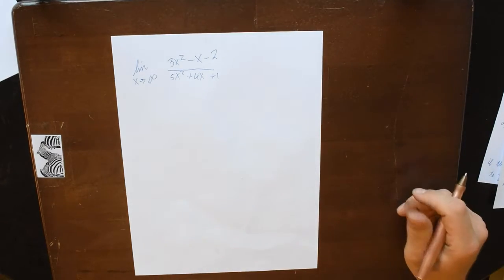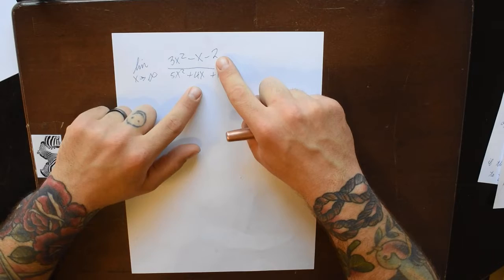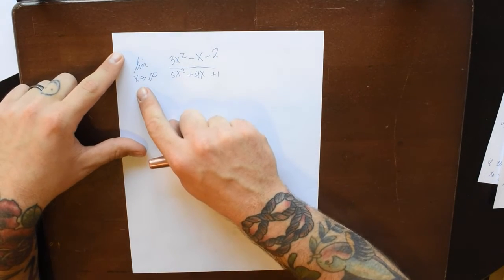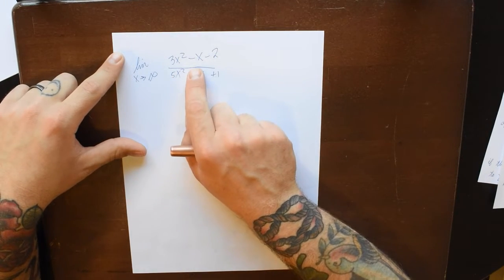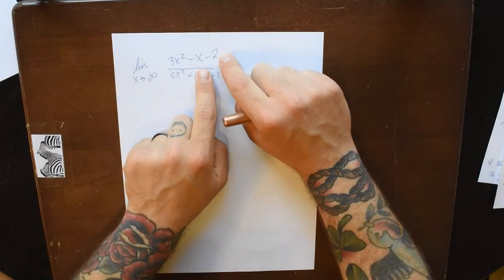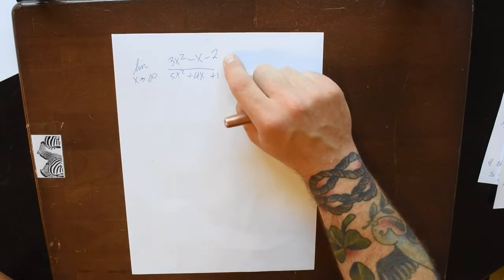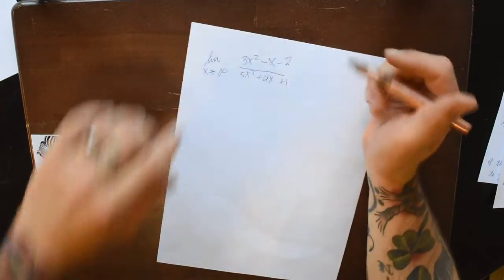If we tried to directly plug this in, we would get infinity minus infinity minus infinity, and an infinity minus 2, and an infinity plus 1. Doesn't really give us too much meaningful information.